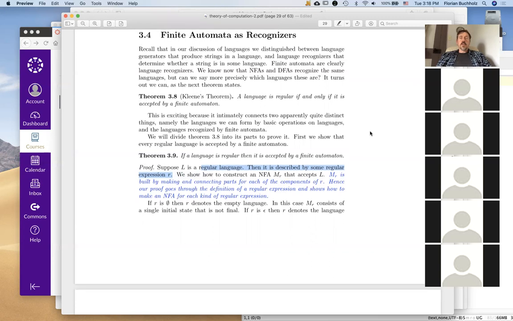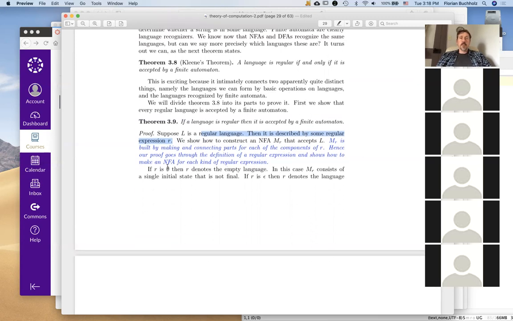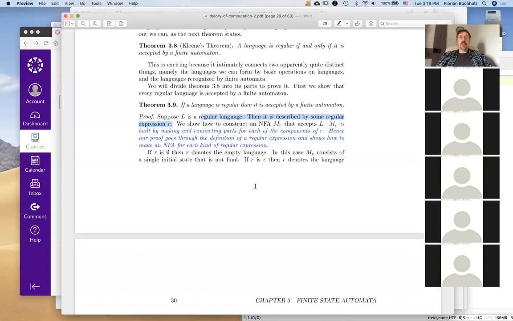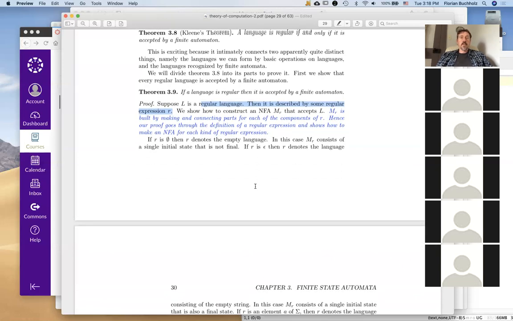So I just want to start at least motivating this first part, or going into the actual proof. The proof gives us the building blocks of building an automaton. So if I give you a regular expression, how do I get an automaton that accepts the language represented by the regular expression?